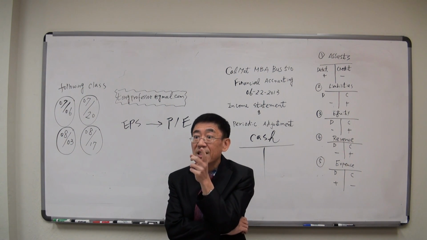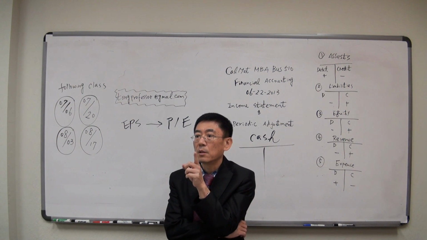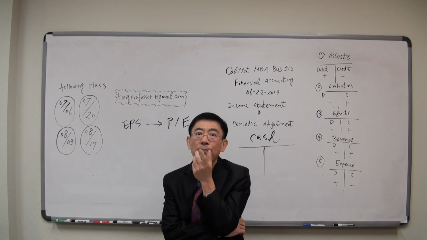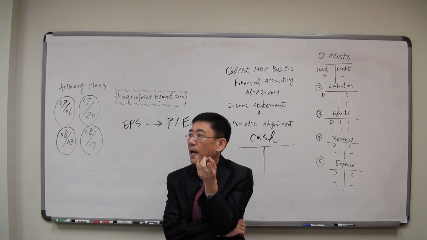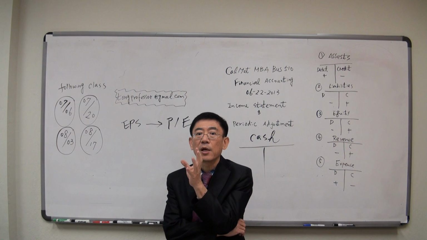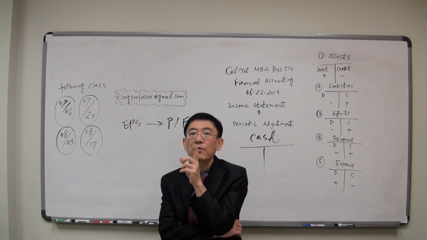We just received our customer's prepayment. I believe I mentioned this last time: when we receive the prepayment from our customer, that portion will become our liability. It's called unearned revenue.